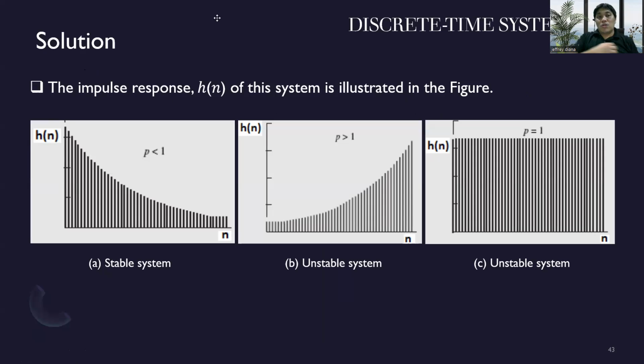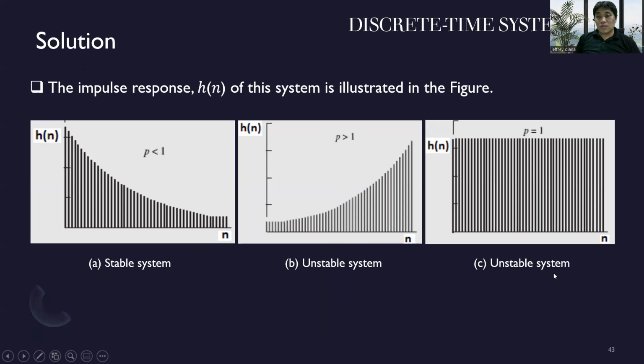So the solution for the impulse response h[n] of the system is illustrated in the figure below. For the stable system, h[n]. And for the unstable system, this is represented by p greater than 1.